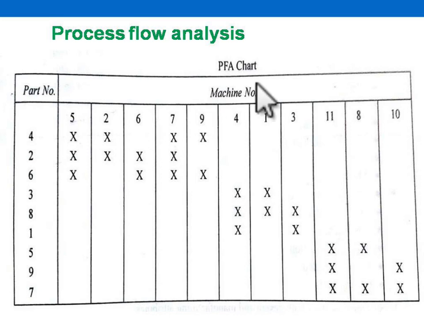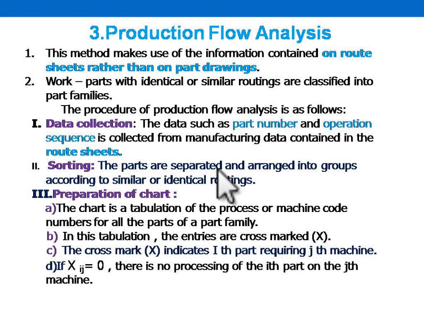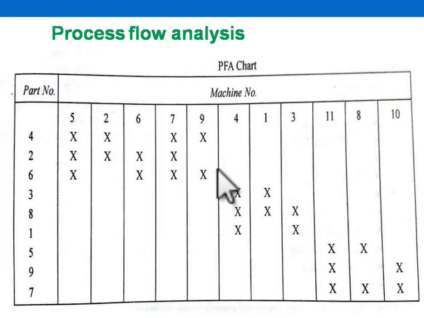Now you understand. x_29 is equal to 0, x_24 is equal to 0. We have seen that x_ij equal to 0 means i is the part number and j is the machine number. Where there is a blank space for that part number and machine number, it is equal to 0.